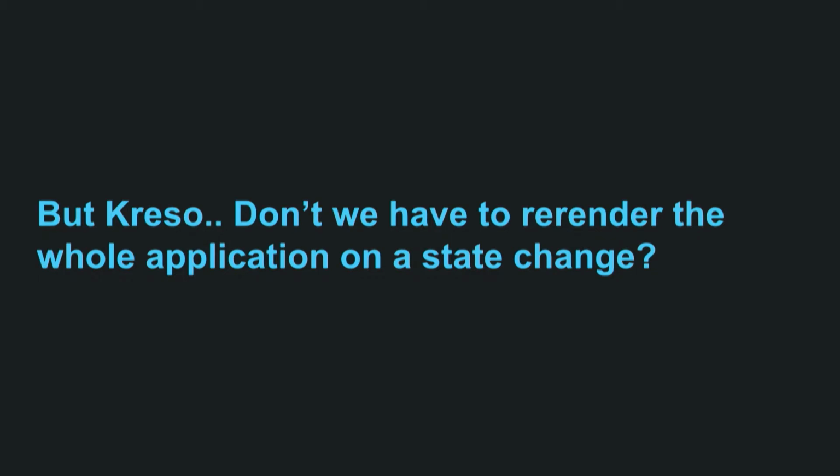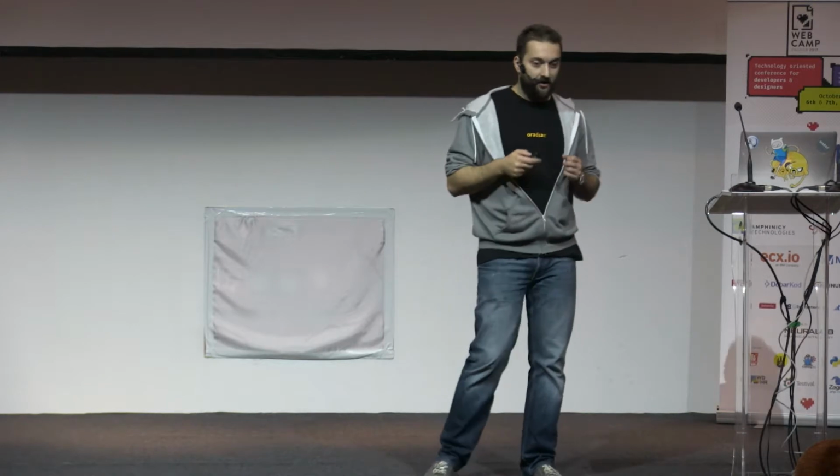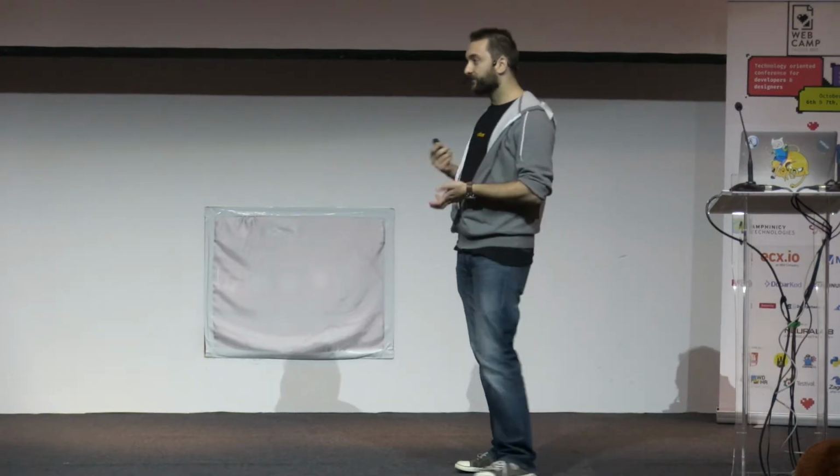So if I would like the counter to say 0, 1, 2, 3, whatever, I have to re-render everything, which isn't a problem for this small case. But if you're working on a bigger application, then it gets complicated. You don't want the whole application to be re-rendered if something changes on one part of the page. For that reason, we have to introduce some kind of optimization.